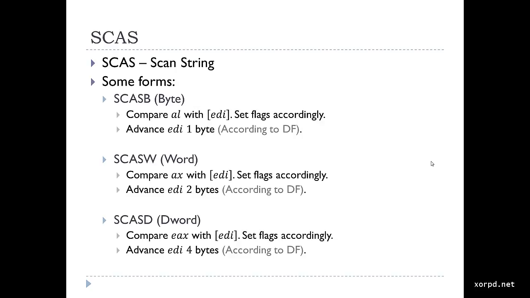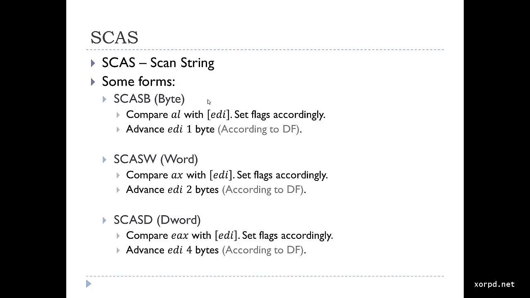I want to discuss for a moment what "set flags accordingly" means. It actually means that we compare AL with this value, the byte at location EDI, and the flags are set just like they would have been set if we used the CMP instruction, the compare instruction.